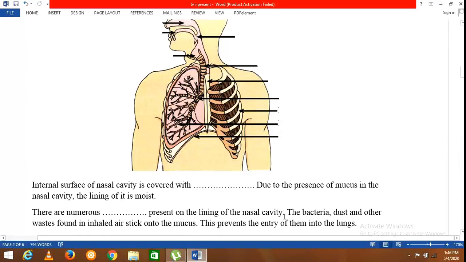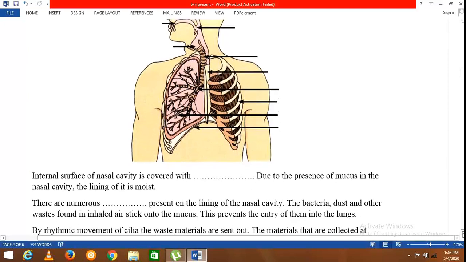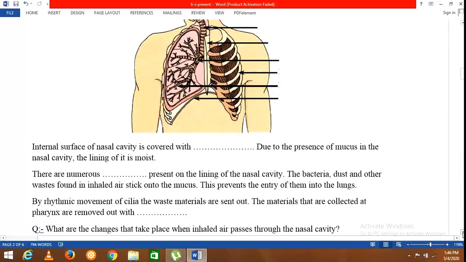Cilia are hair-like projections, and these cilia show rhythmic movements. Actually, these cilia are the lining of the epithelium. The epithelial cells contain a ciliary lining. Because of the rhythmic movement of cilia, the bacteria, dust particles, and other waste found in inhaled air which stick onto mucus are sent out of the respiratory tract.